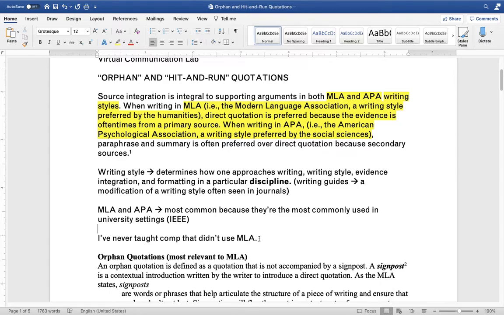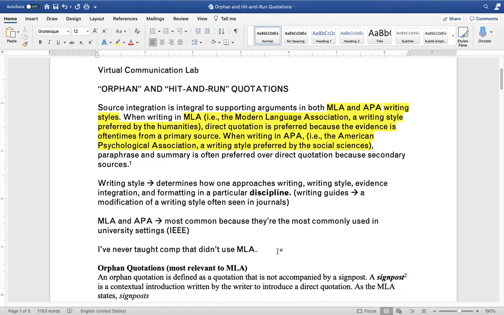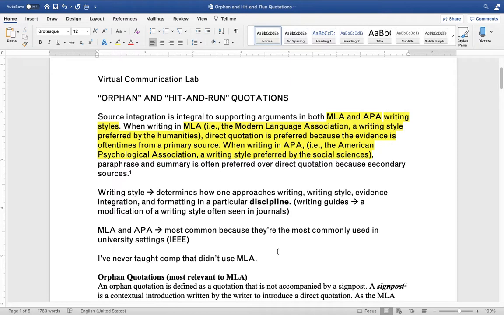I just think it's a little strange because it's not normal. But it is good to learn MLA, because I always think comparative learning is good. It gives you an idea of how MLA does it versus how APA does it. In theory, it should help you learn the other one better.